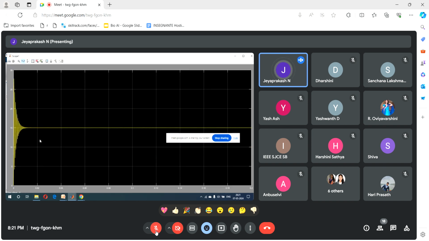Now you can see we have a difference between the first output and the second output. In the first output we don't have any maximum peak overshoot, but in this case peak overshoot is there.